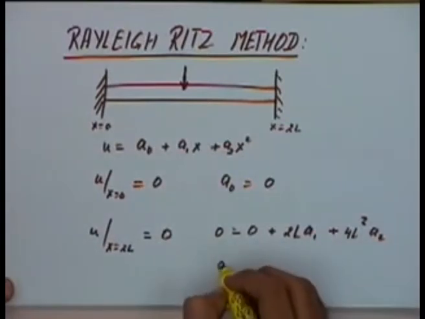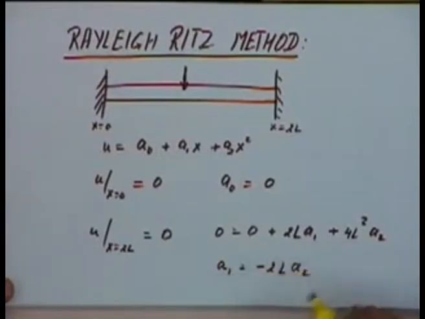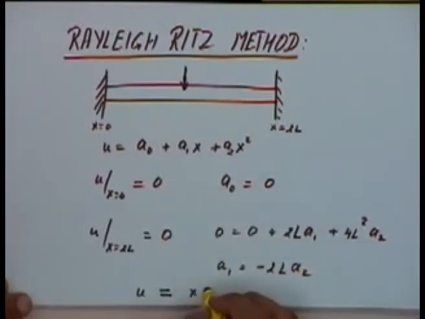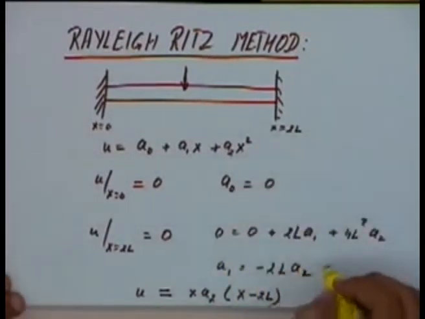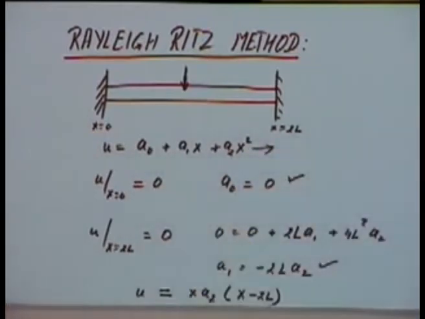From this we get a1 equal to minus 2L a2. If we put this back over here, we will get an expression for u in terms of a2, which will be a2 into x into (x minus 2L). I have put this and this into this equation.